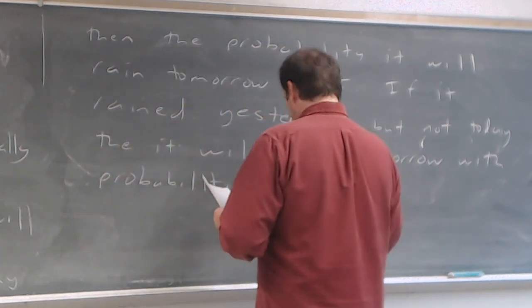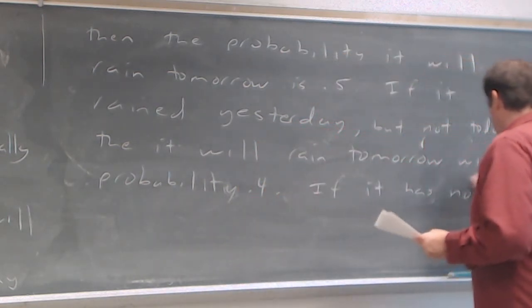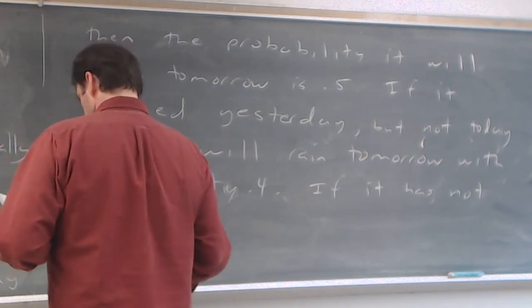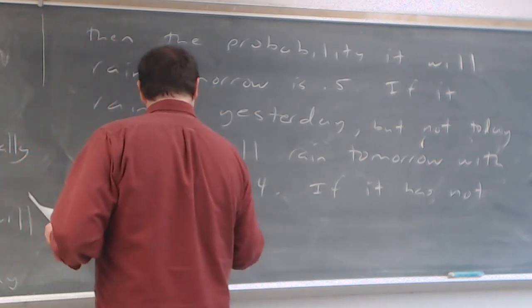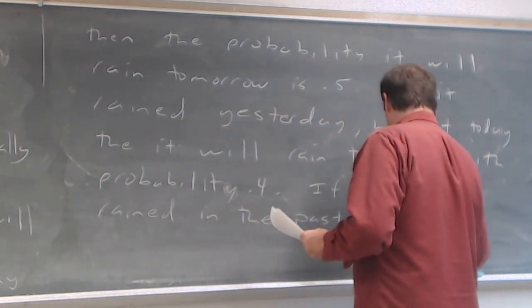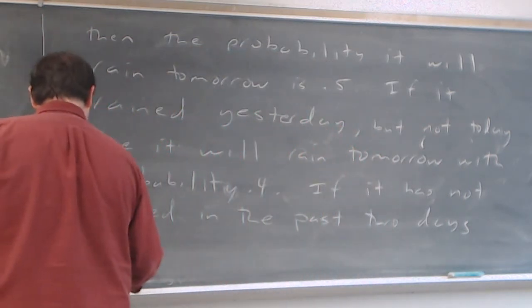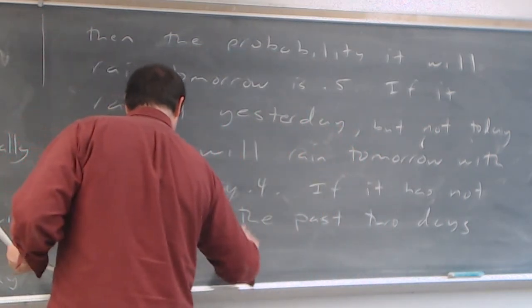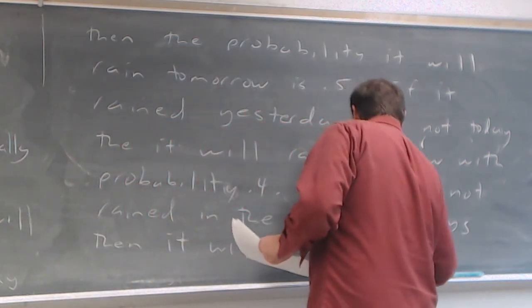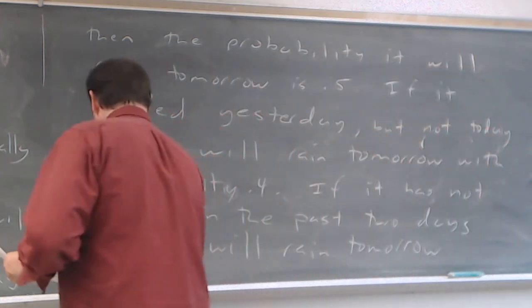Okay? If it has not rained in the past 2 days, then it will rain tomorrow with probability 0.2.